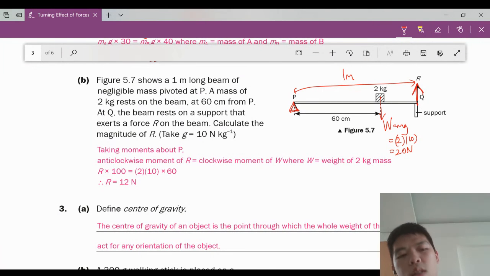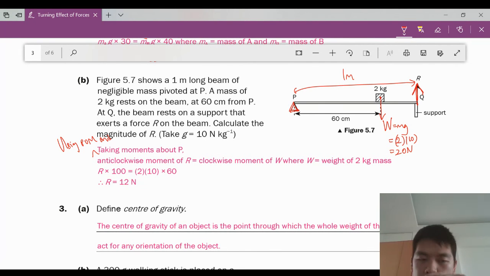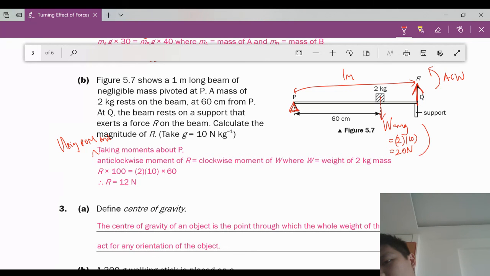So using principle of moments and taking moments about P, anti-clockwise moment equals clockwise moment. So let's take a look which is clockwise and which is anti-clockwise. R goes upwards, so it's anti-clockwise. The weight of this 2 kg block, it goes downwards, so that's why it's clockwise.